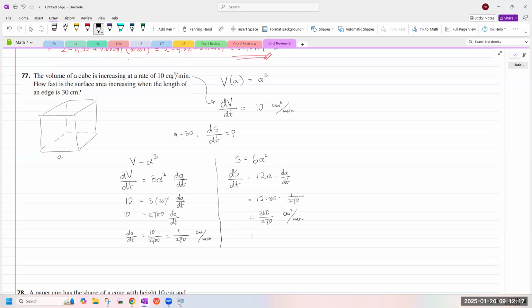All of them are multiples of 90, reduced by 9, that will be 4 over 3 square centimeters per minute. Okay, I hope I don't make any miscomputation. I think I should be okay.